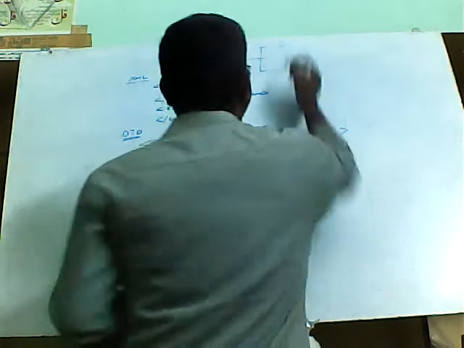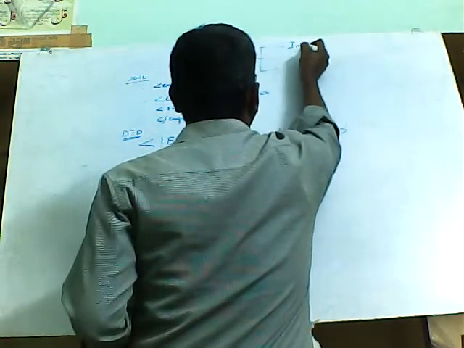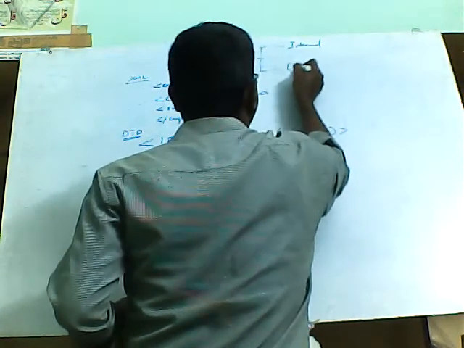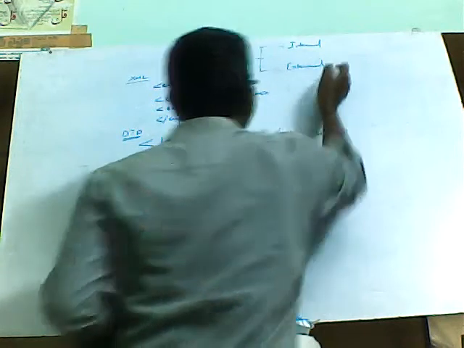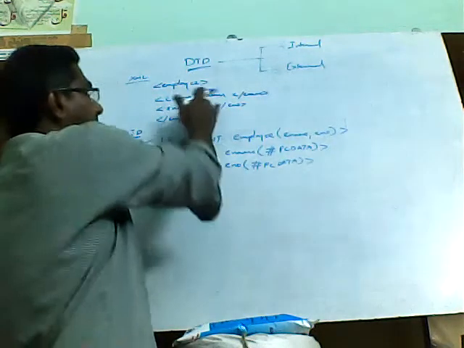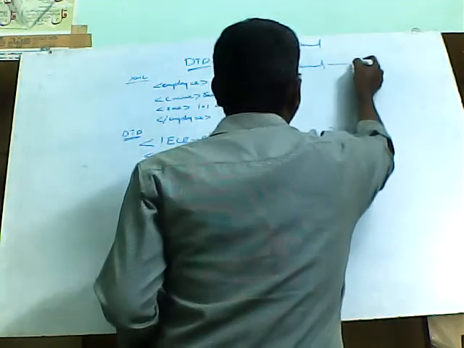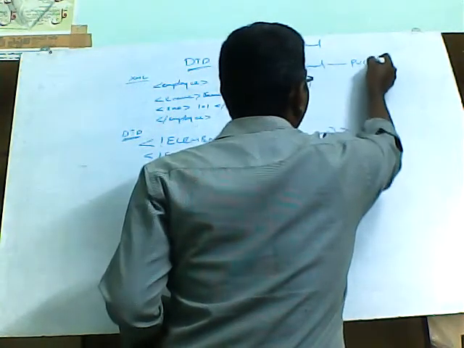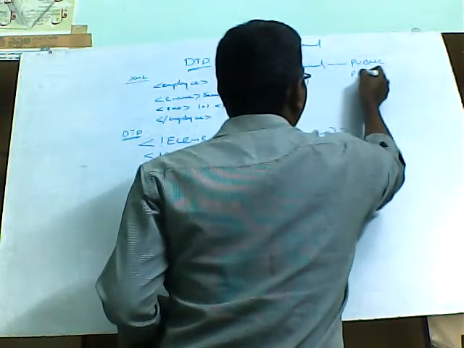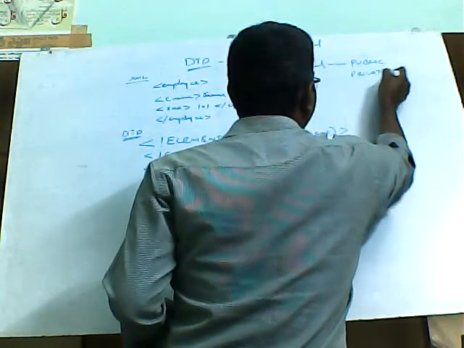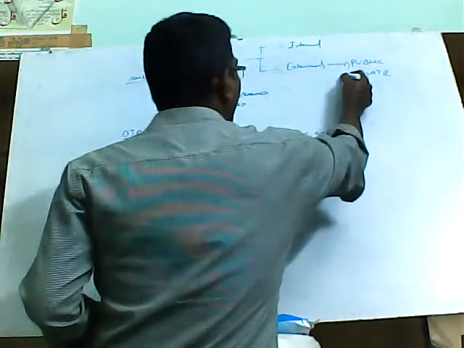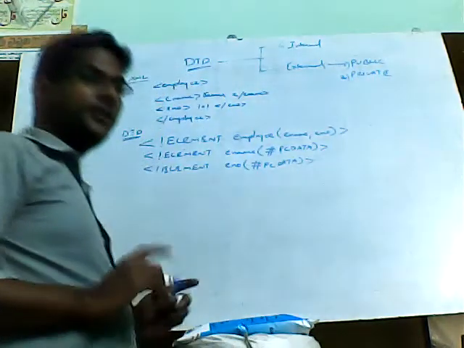The two ways are internal DTD and external DTD. Internally you can link DTD with XML, or externally also you can do it. Once again this external can be classified into two different types, that is public and private DTD.